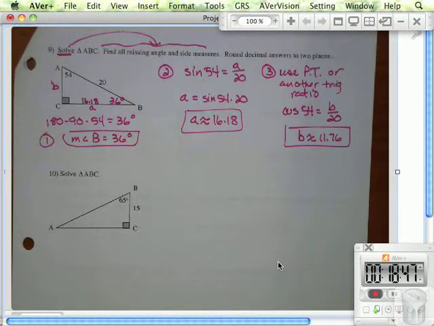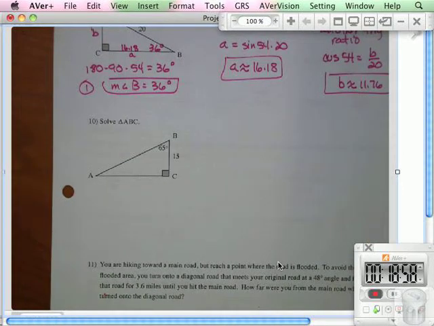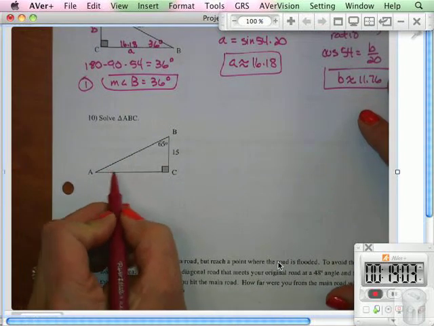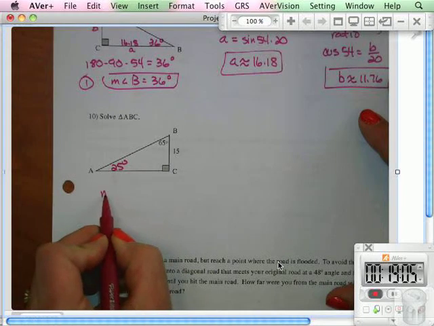Almost done. I thought this one's kind of the same, but the ratio is set up slightly different. I wanted just to refresh your memory what happens when you set up the ratio differently. So when you subtract everything here, the measure of angle A turns out to be 25 degrees, so I'll just do this one kind of quickly.